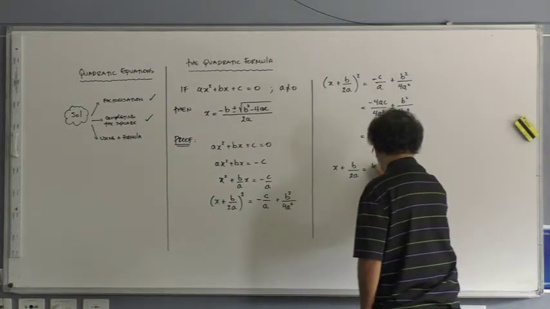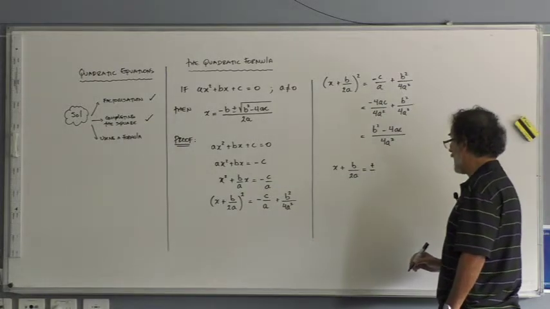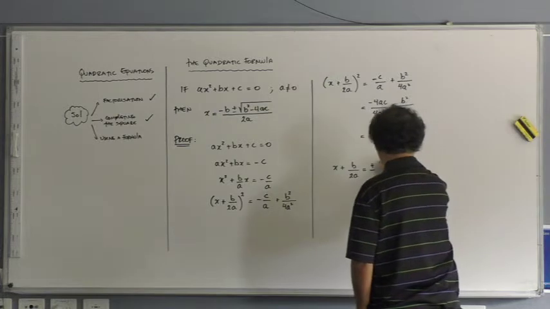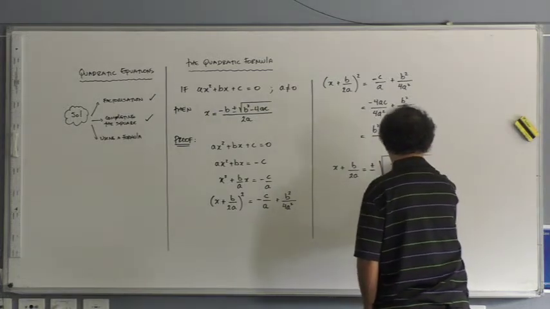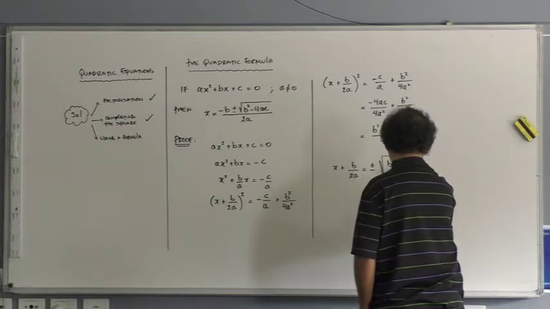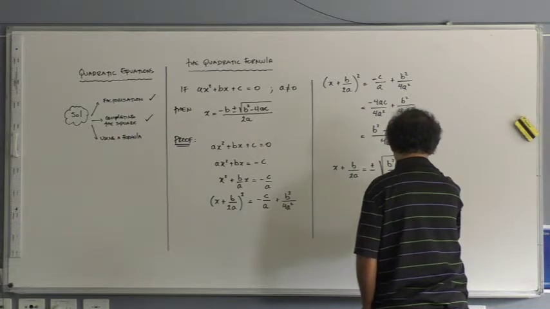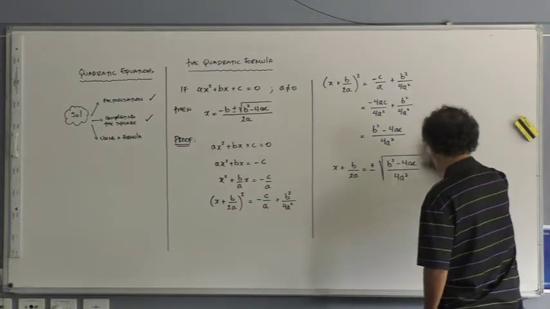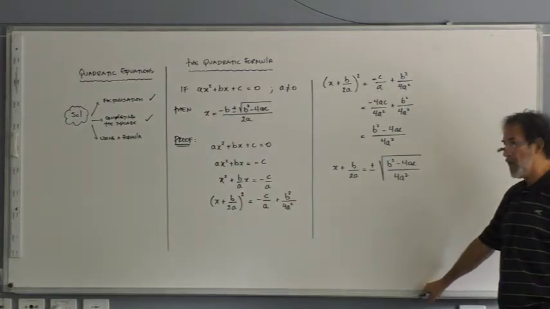So we're going to do plus or minus, and then the square root of all this. And we are almost there.